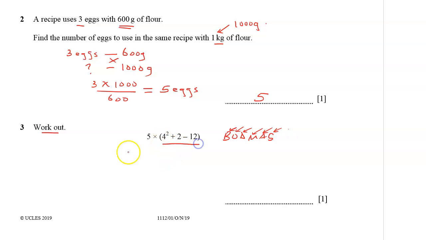In this equation here, you have the brackets. You deal with the brackets first. So the bracket is 4 squared plus 2 minus 12. Of course, 4 squared is 16 plus 2 minus 12. Addition comes before subtraction. So this is 16 plus 2, which gives 18, minus 12.